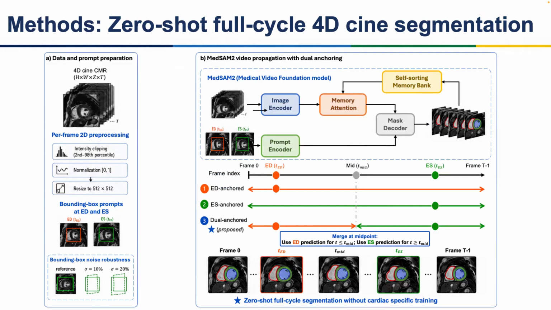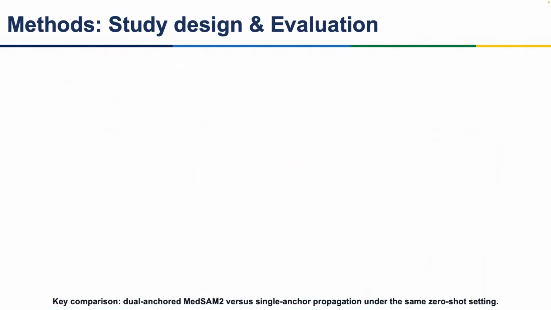The resulting LV cavity masks are then converted into volume time curves and dynamic functional biomarkers. No cardiac-specific training, fine-tuning, test time adaptation, or morphological post-processing is used. We evaluate both segmentation accuracy and the functional information enabled by these full-cycle masks.